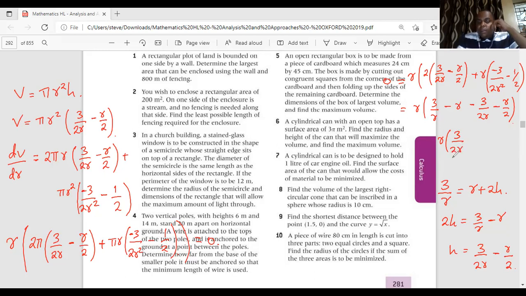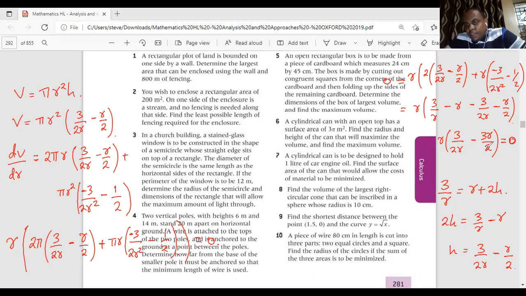Yeah. And then if you do minus r over 2, it gets you to minus 3r over 2. Now, this is the derivative. After equating it to 0, we simplify it to that.